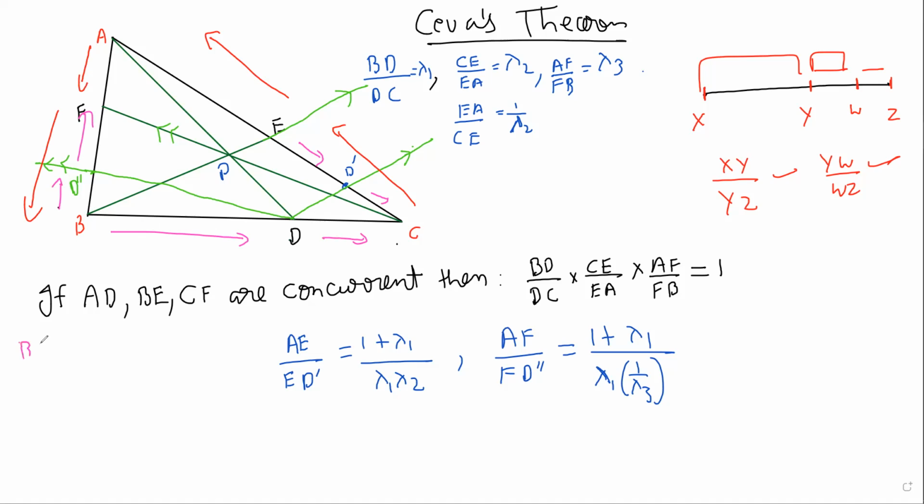So BD by DC is equal to BD prime by D prime F. It is from this vertex up, but in that case, it was from ED prime to D prime C. But you can still do the calculations and check.